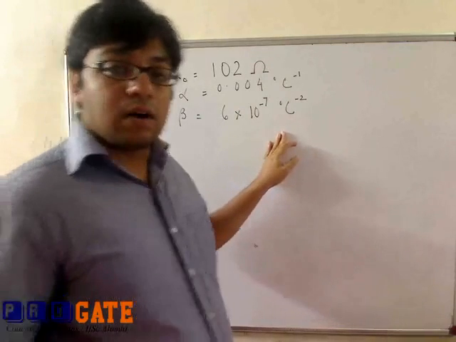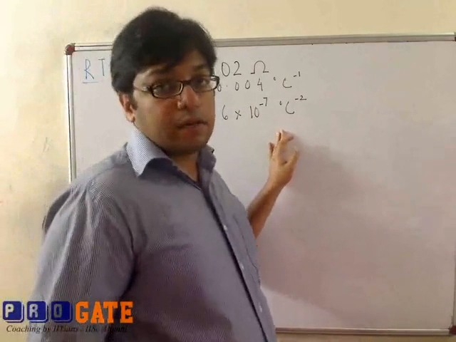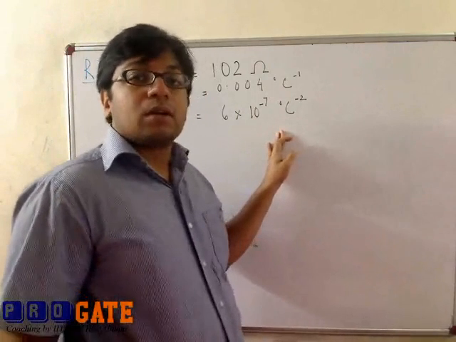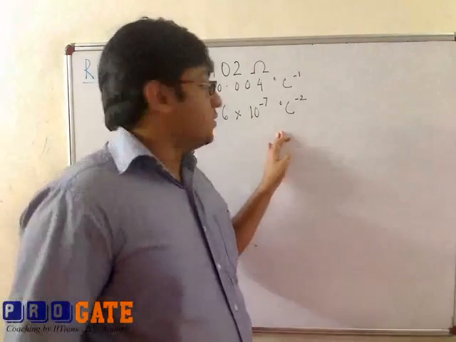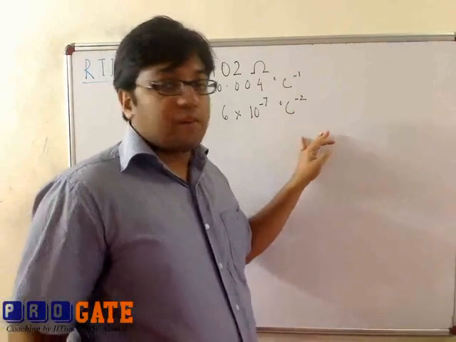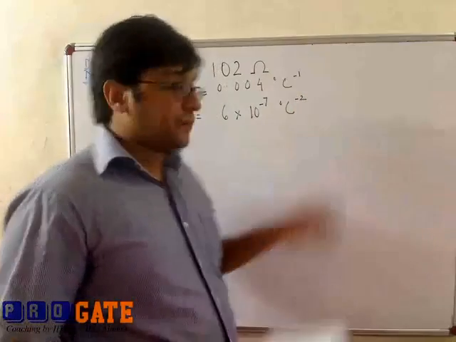Now the RTD is taken to a temperature of 100 degrees centigrade and we are asked to find what would be the error in the computation of RT if we use a linear model as opposed to a quadratic model.